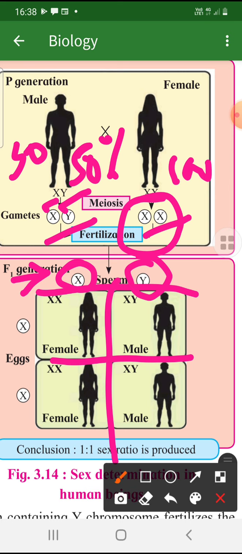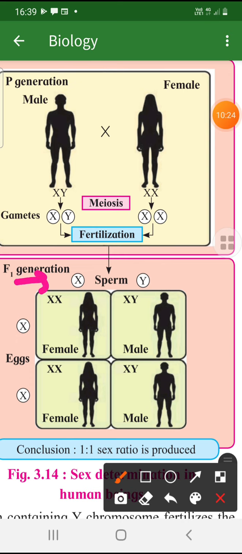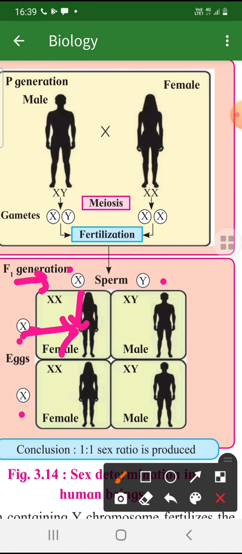So now when you draw a Punnett square, it's very easy for you to draw. On one side you will write for male X and Y, and on the other side you write female. So now you can see this X and this X forms a female, and this X and this Y forms a male.